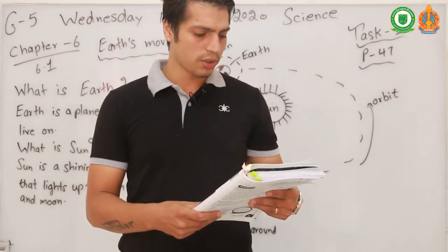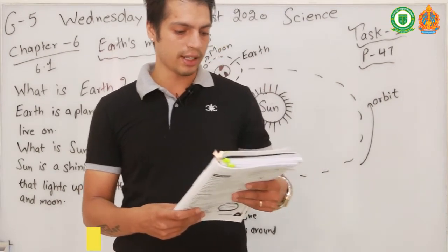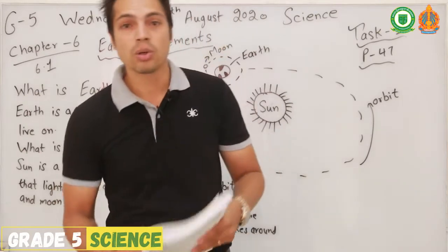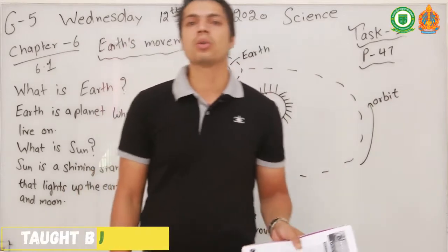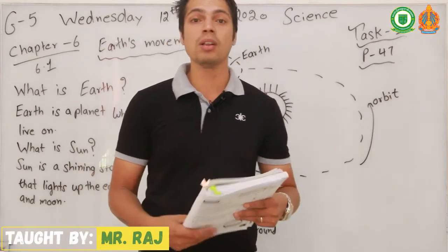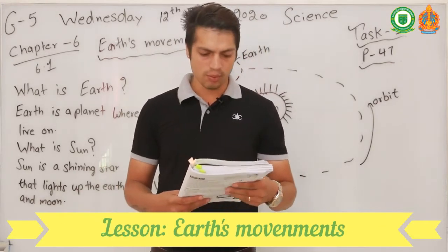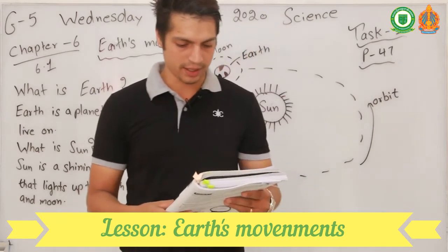The image shows us that the moon is much smaller than the earth and they are surrounded by black empty space. In actual fact, the moon is very small compared to earth. Earth is much bigger than the moon and it is surrounded by black empty space.